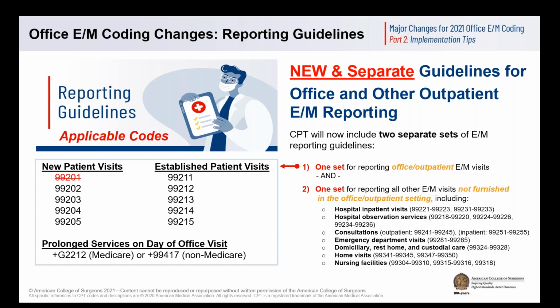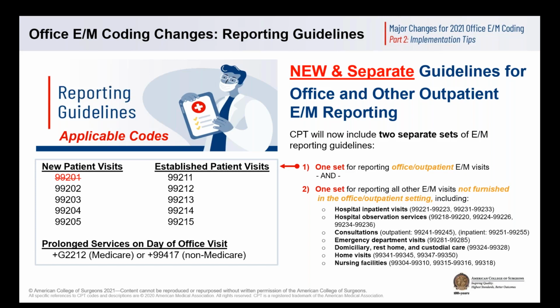We are still in that period where we have two sets of guidelines that we have to deal with, because all of the other E&M visits not furnished in the office and outpatient setting that are listed in the right-hand bottom of the slide are not included in these current guidelines.